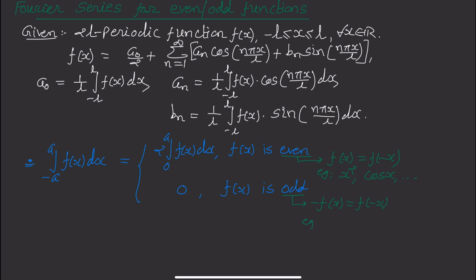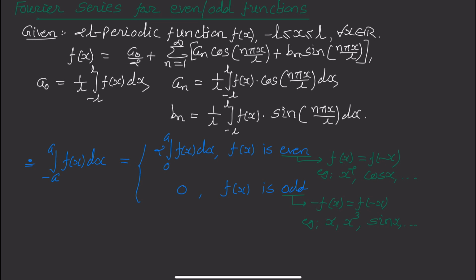For example, x, x cube, sine x. These are few examples of the odd functions. So when f of x is even function, integration over minus a to a f of x dx can be represented by this. And when f of x is odd function, this integration has value 0.